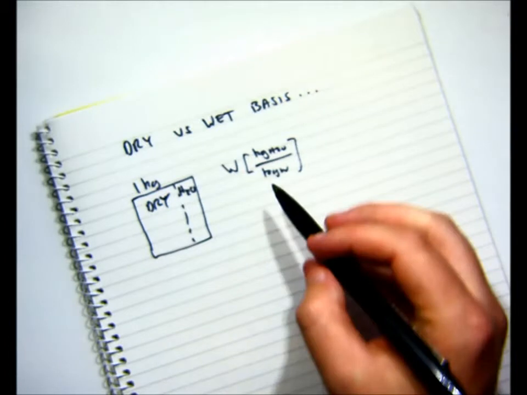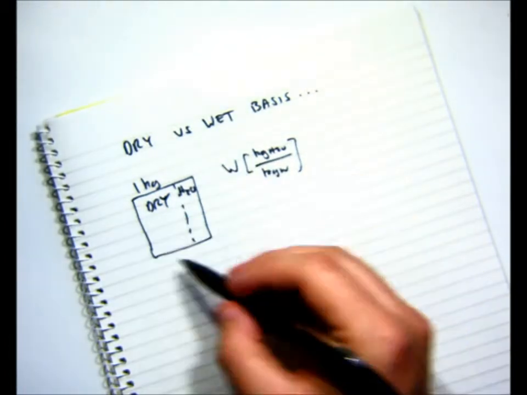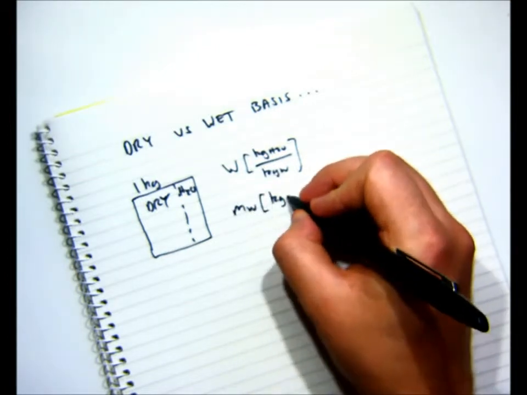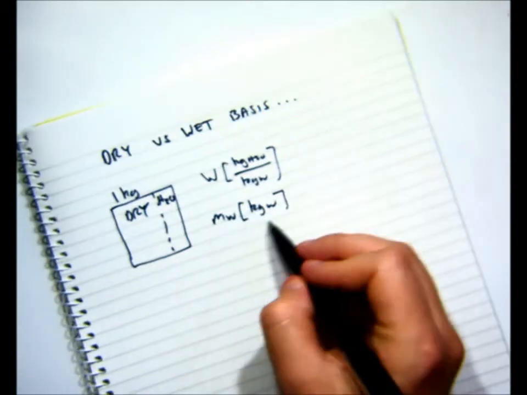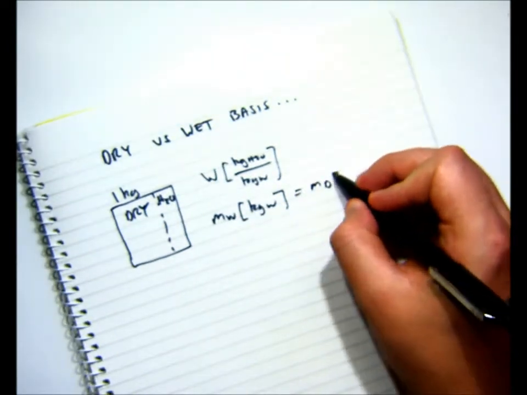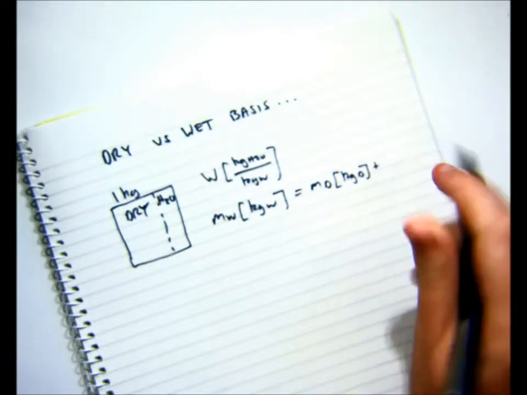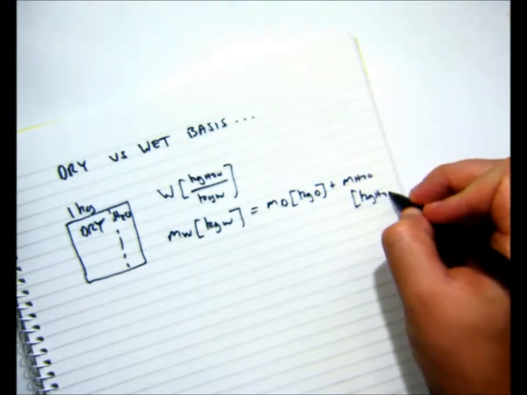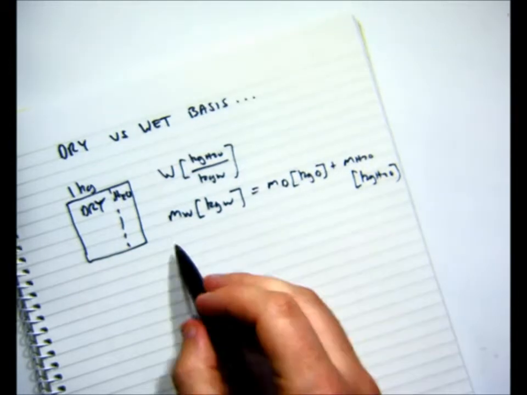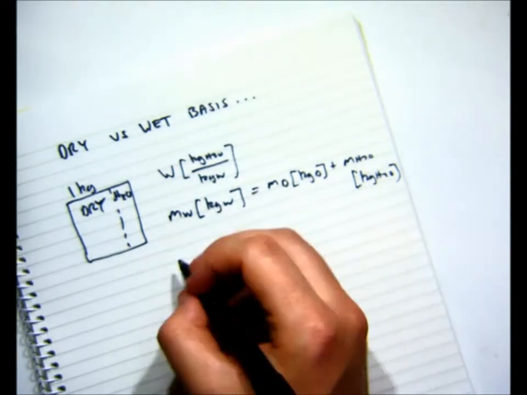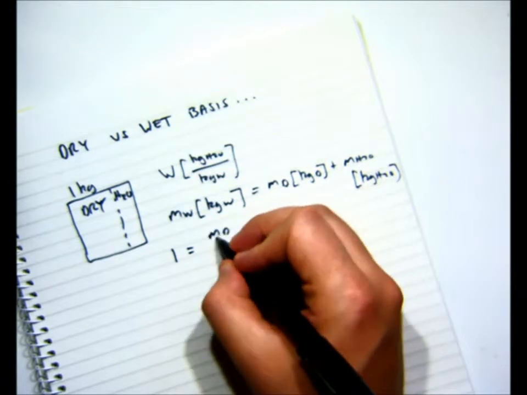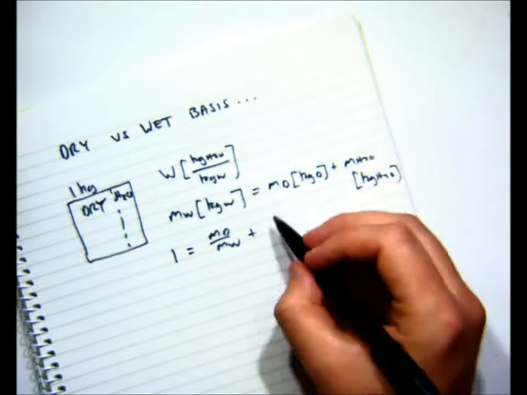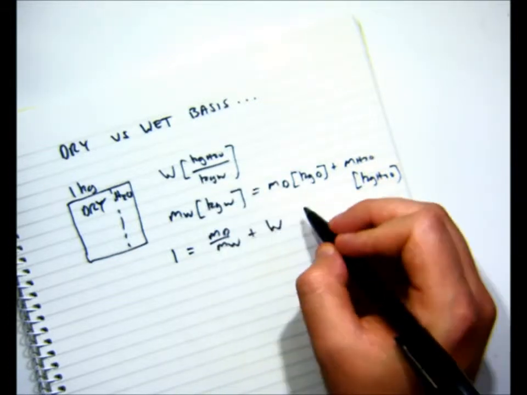And there's some other useful relations we can get here. So if we're saying that this wet mass, MW for wet, with units kilogram wet wood, is composed of the mass that's dry, MD, and the mass that's water, M H2O, with units kilogram H2O. If I divide everything through by MW, I get 1 equals MD on MW plus M H2O on MW, but that is just the moisture content.